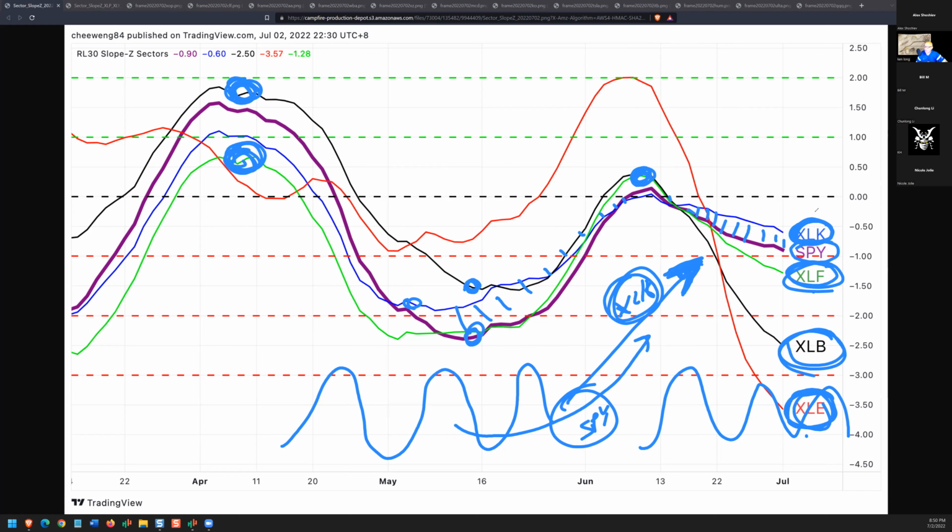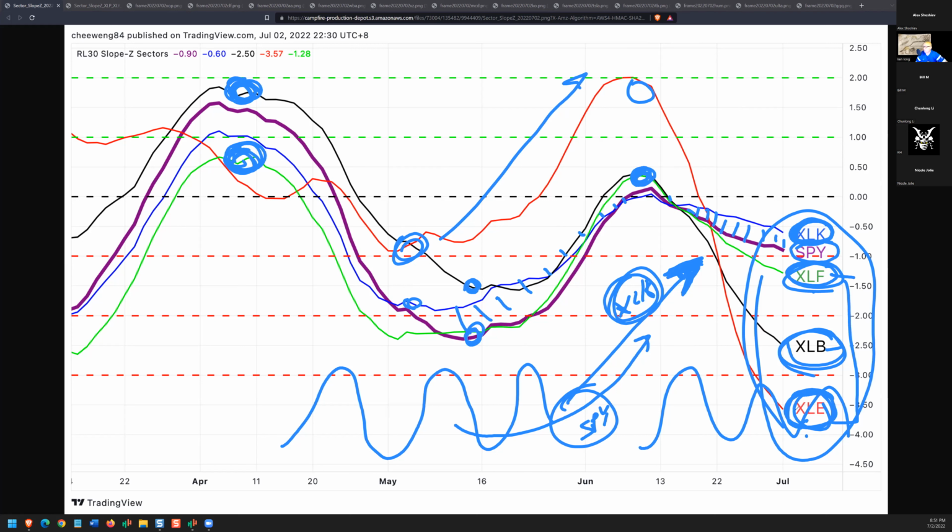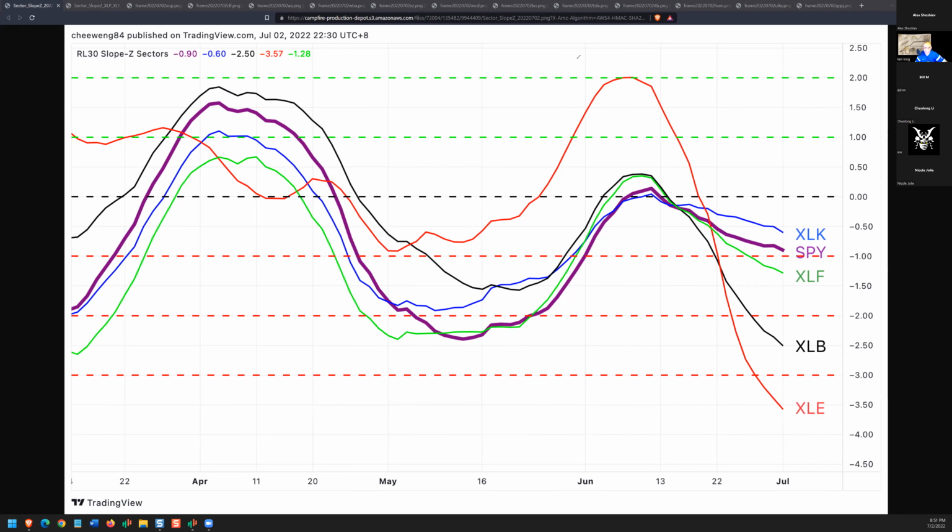So you get this oscillation among those three, and then energy really diverting from the pack and then becoming extraordinarily weak. So it's not unusual to see those three moving out of cycle with respect to each other, conditioned by the S&P, but then also during good times to see tech taking the lead to the upside. So kind of use this as a market segment, market cycling radar screen in that sense.